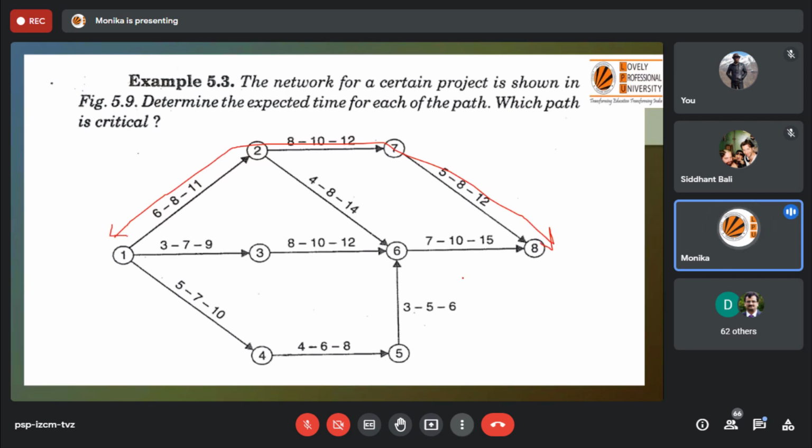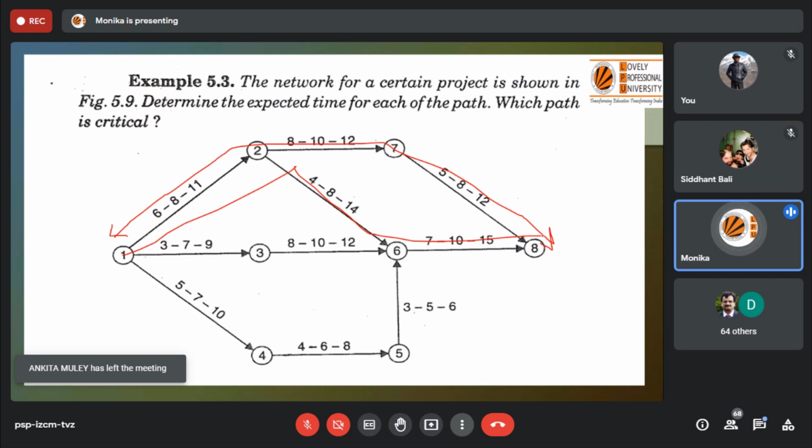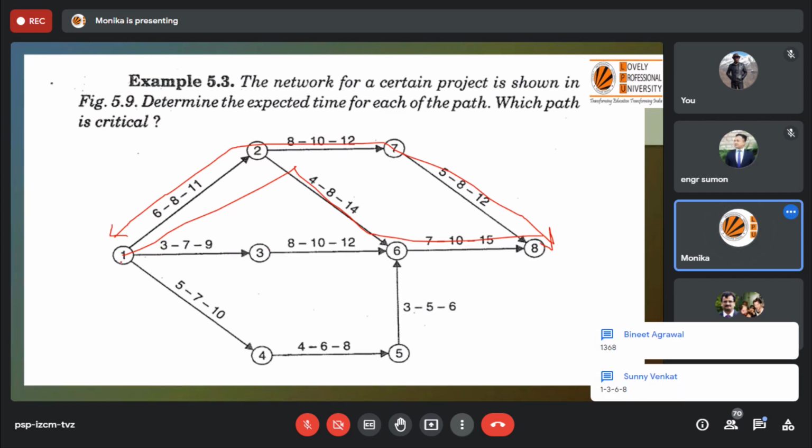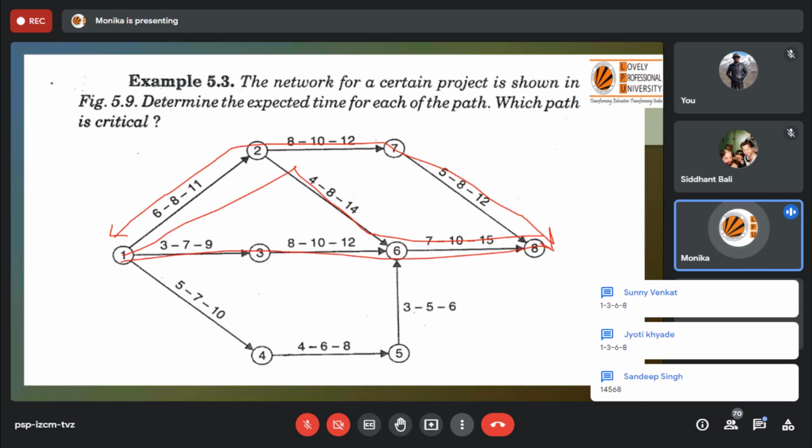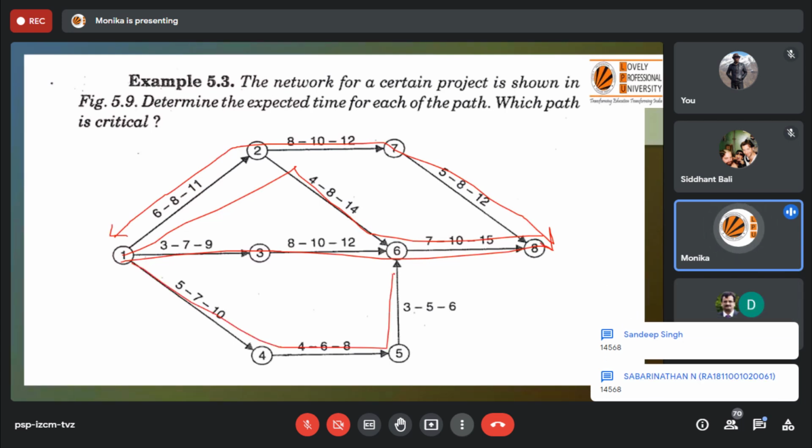Be quick. Hardeep has written 1, 2, 6, 8. Yes, this is another path. And 1, 3, 6, 8 you have also written. Yeah, that is the third path. And the last one is 1, 4, 5, 6, 8.